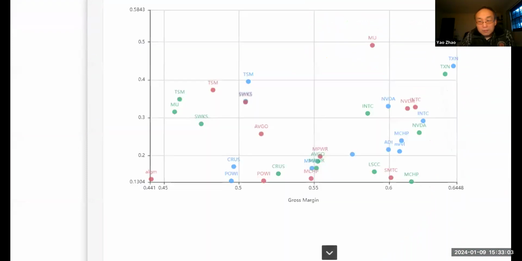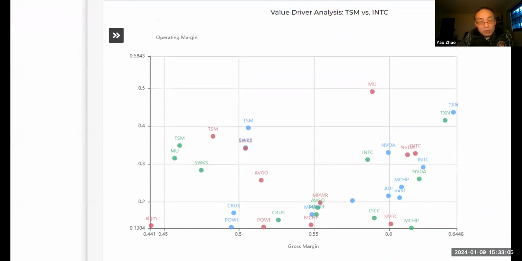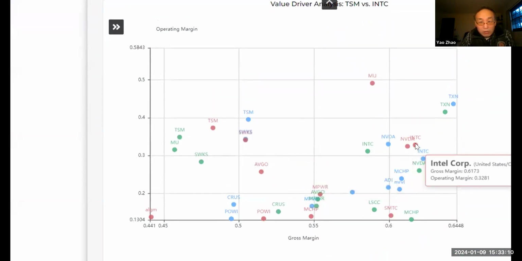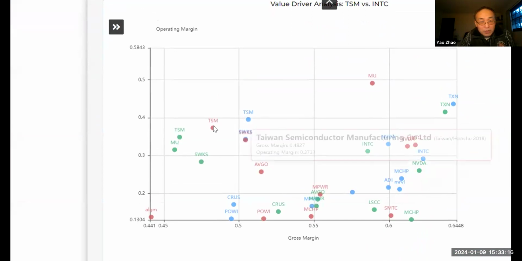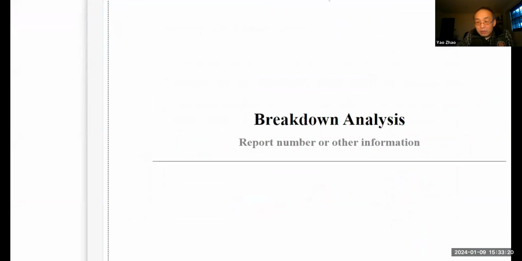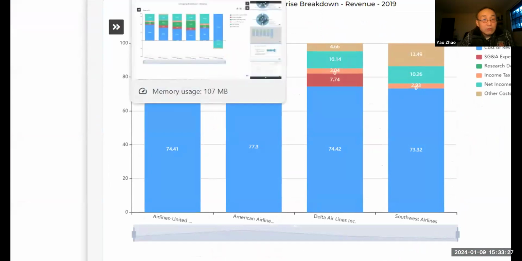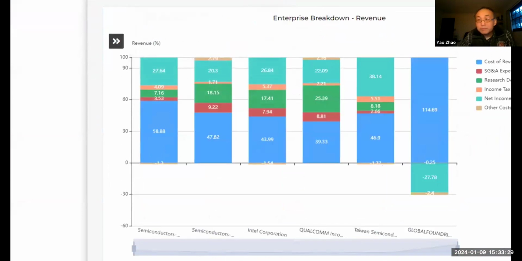That was the scatter plot I just showed you. You can see Intel is here. It shows the gross margin and operating margin. And here's TSM. Let's look at the breakdowns. Oh no, it's not this, it's here, sorry.